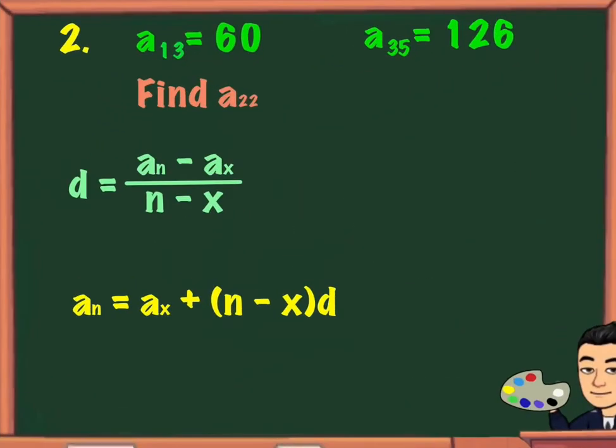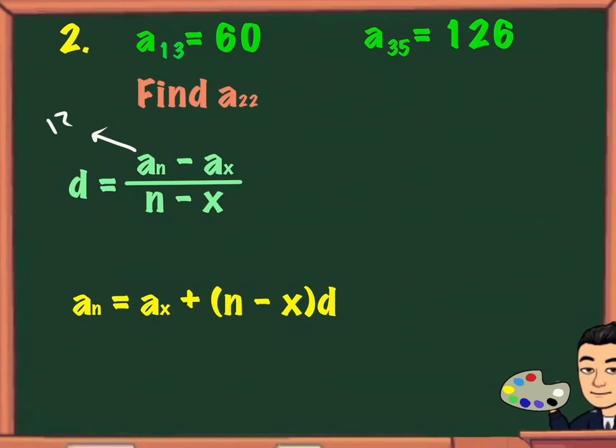So you know that I told you guys about the formula. You can find out what the common difference is. So go ahead and plug in whatever they give you. Knowing that the usually a sub n, we plug in the higher term. So we're going to put a sub 35 in there, and a sub 35 is 126.